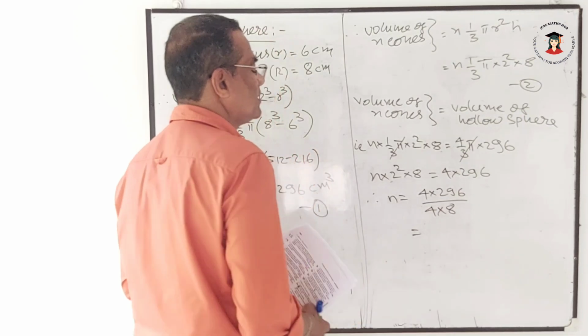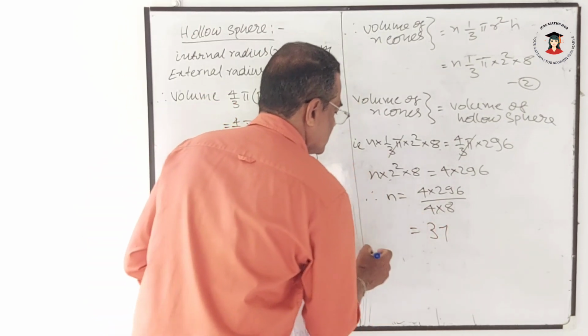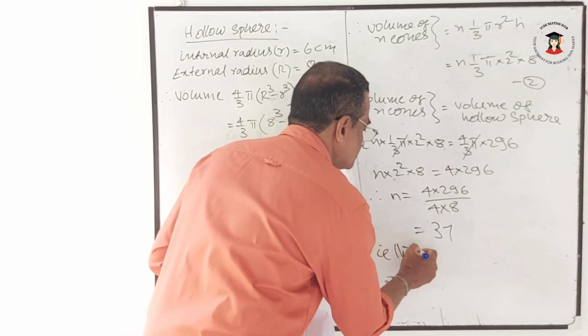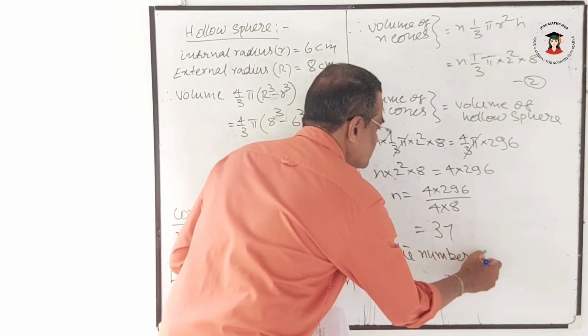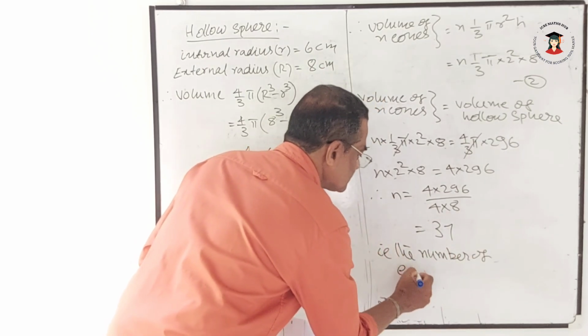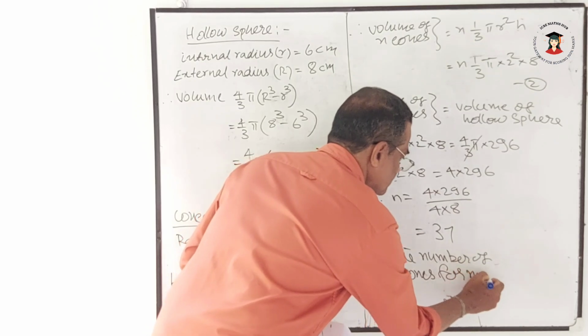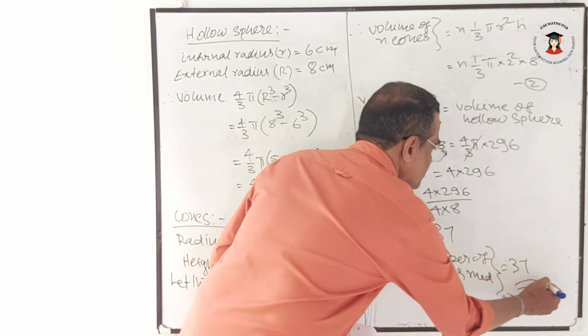So this will give you 37. That is the number of cones formed, equal to 37.